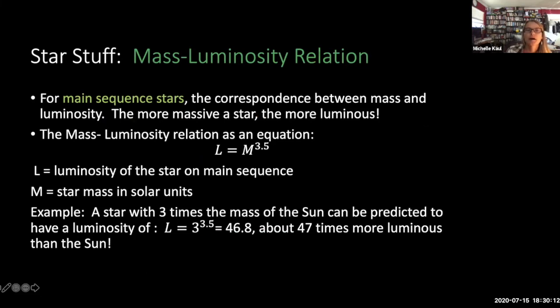And for main sequence stars, we have the mass-luminosity relationship that tells us, if we increase the stellar mass of a certain star, how much more luminous it will be.